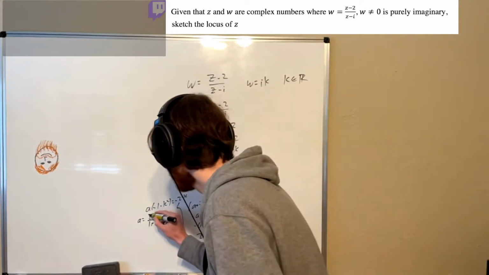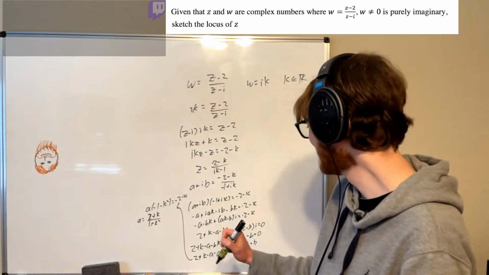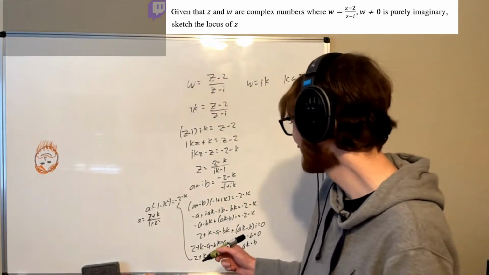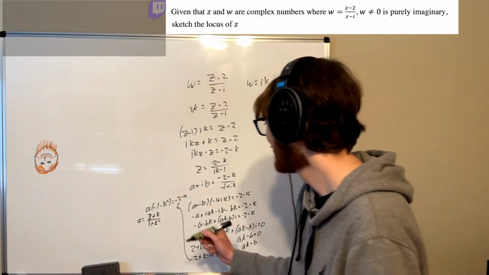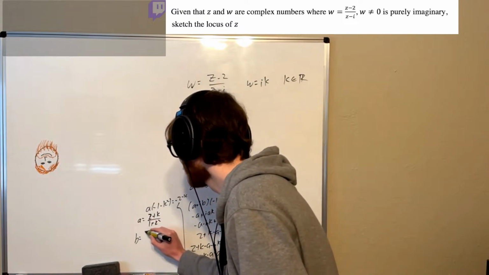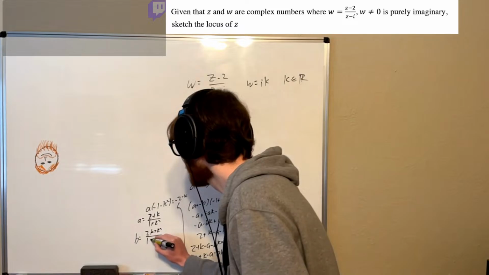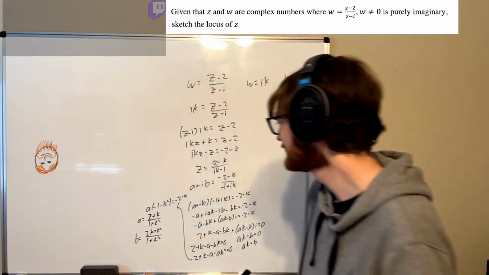That's a 2, not a z. So if we know that a is that, I guess we can figure out what b is. It's just that times k, so 2k plus k squared over 1 plus k squared.